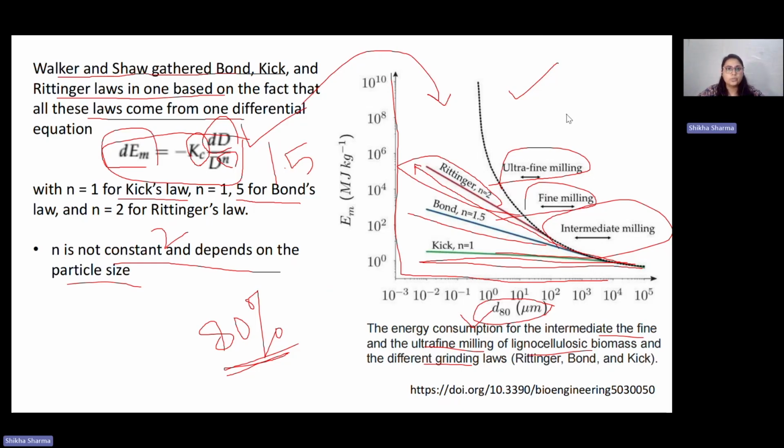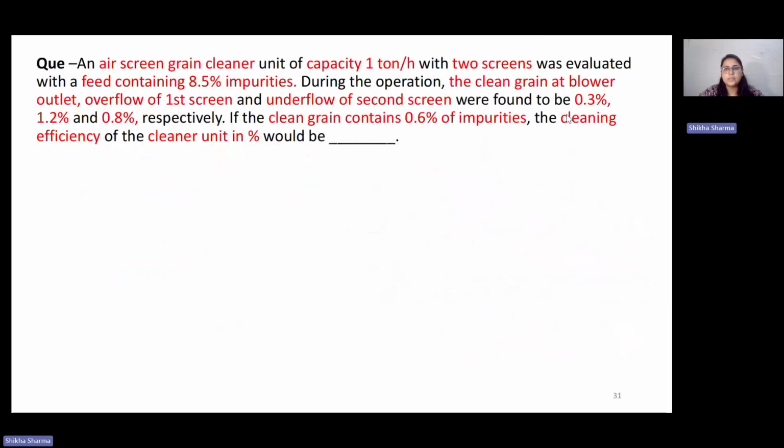Okay, so now let's discuss the numericals regarding the separation or cleaning process, how efficient the cleaning process and the separating process are. The first question is regarding an air screen grain cleaner unit of capacity 1 ton per hour with 2 screens, evaluated with a feed containing 8.5% impurities.